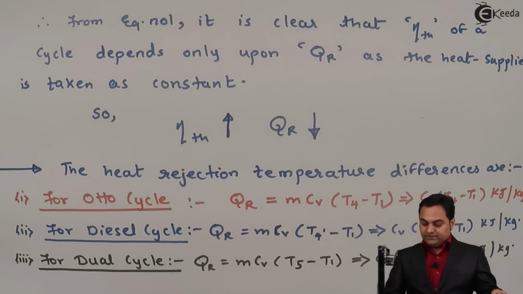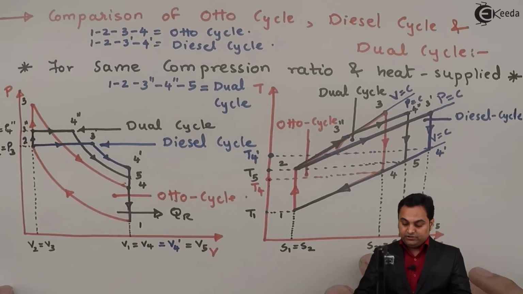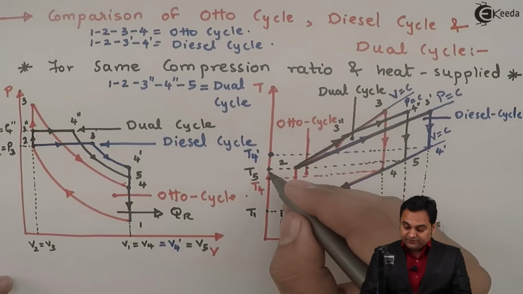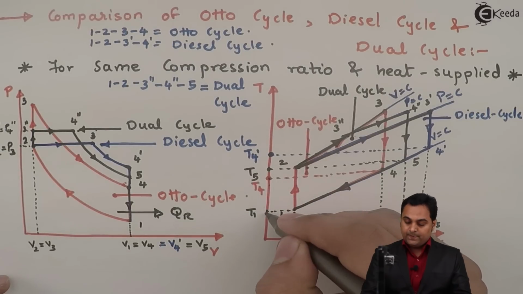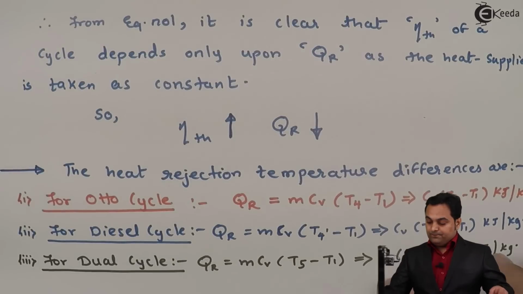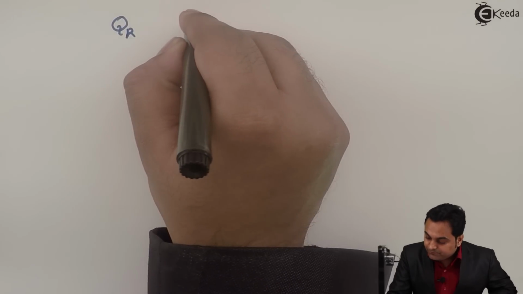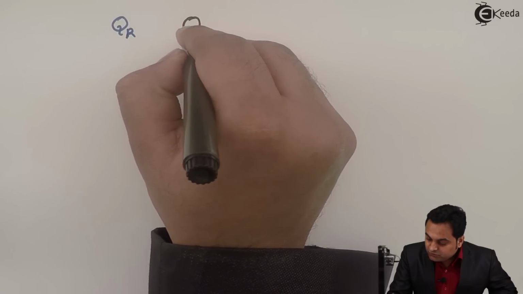Then, after that, the heat rejected of the dual cycle is greater, that is, after T4' minus T1, the next temperature difference T5 minus T1 is greater. So after the heat rejected of the diesel cycle, there is the heat rejected of the dual cycle, denoted in black.